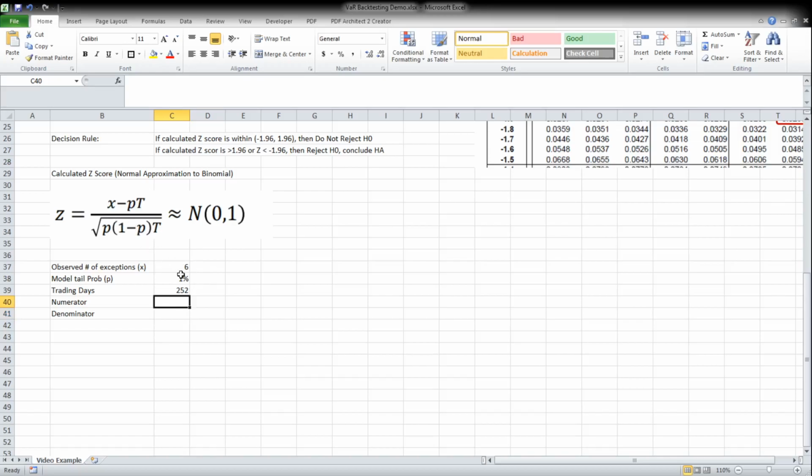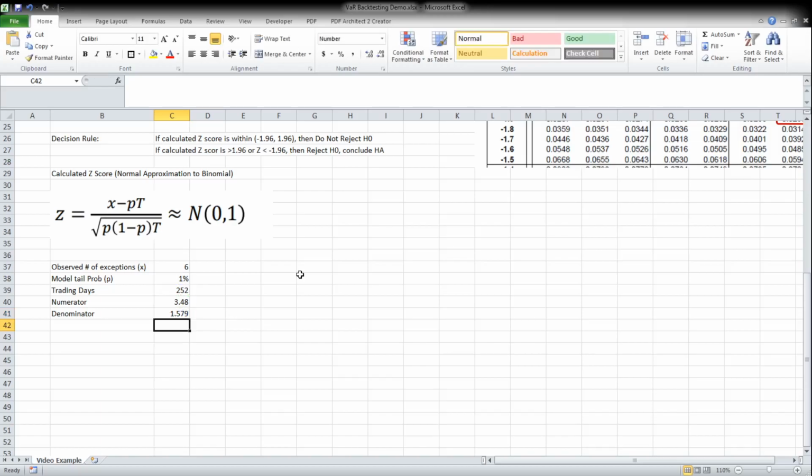The numerator is x minus p times T, so it's the 6 minus probability of 1% times the number of trading days. The denominator will be the square root of p, which is 1%, times 1 minus p, which is 99%, times the number of trading days, which is 252.